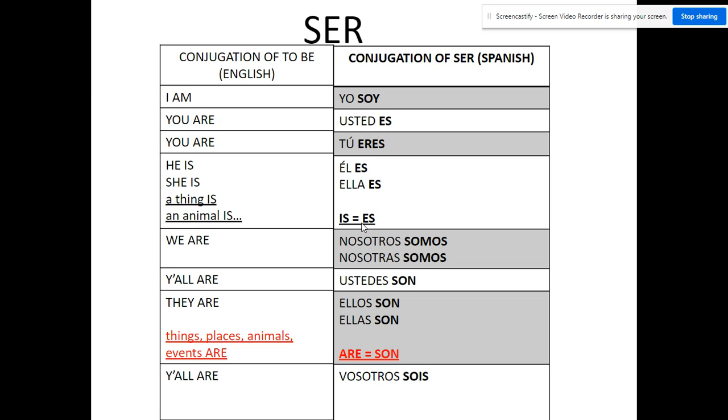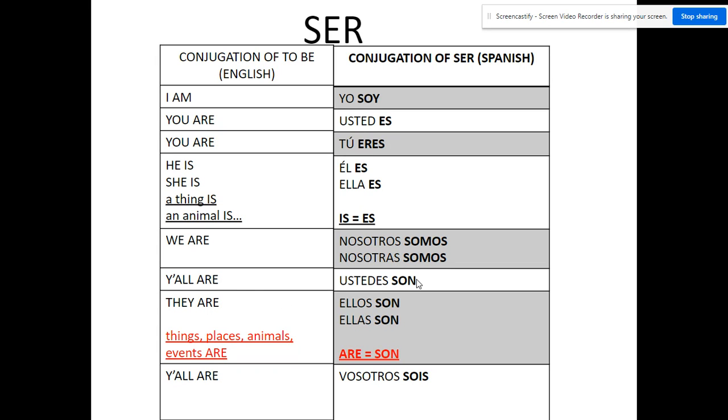My dog is crazy, then is going to be es. Okay? We are is going to be somos if the pronoun is we. En español, nosotros and nosotras.